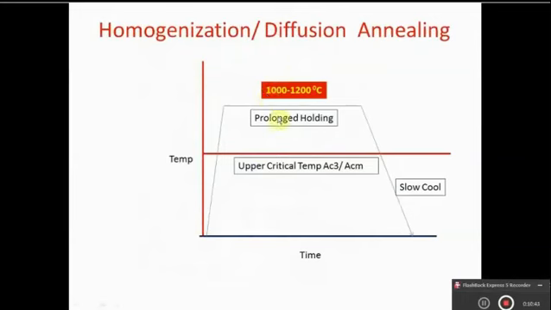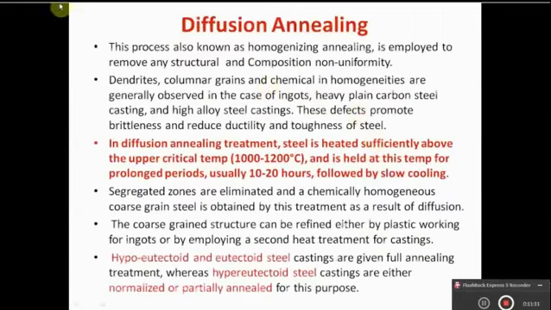Then in homogenization or diffusion annealing, castings are heated well above A3 temperature, that is upper critical temperature, and that temperature is in the range of 1000 to 1200 degrees Celsius, followed by prolonged holding. So that will carry out complete 100% homogenization, followed by furnace cooling. This process, also known as homogenizing annealing, is employed to remove any structural and composition non-uniformity.